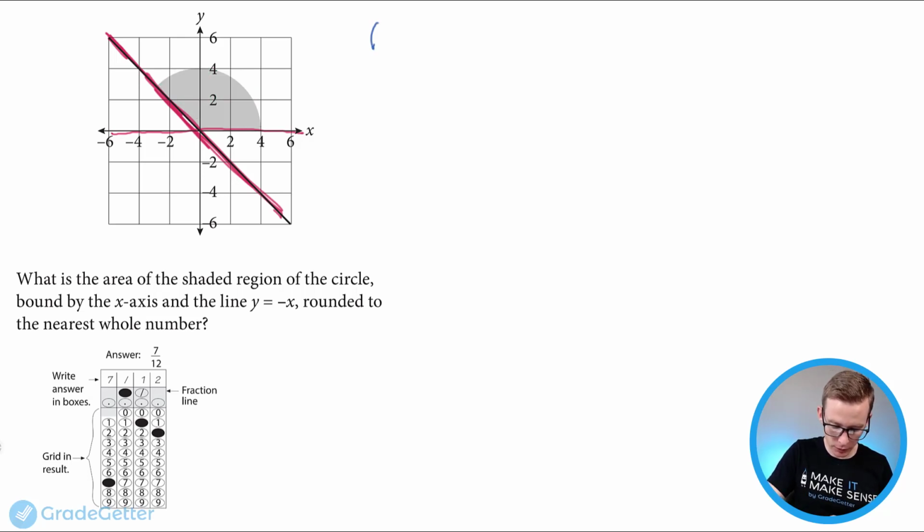Well, the area for a circle in general, if you recall, is pi r squared, where r is the radius of a circle. Now in this circle, our radius is going to be 4, right? You start at the center of your circle, you measure to the outer edge. So this is 4 units. So our radius for this circle, r, equals 4.